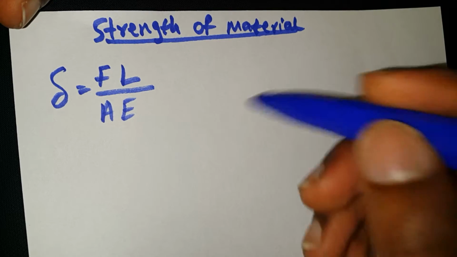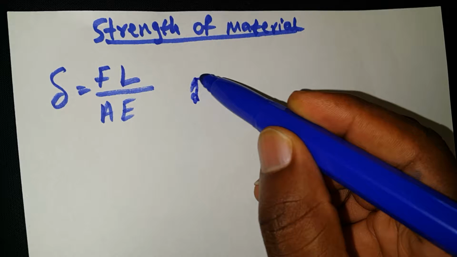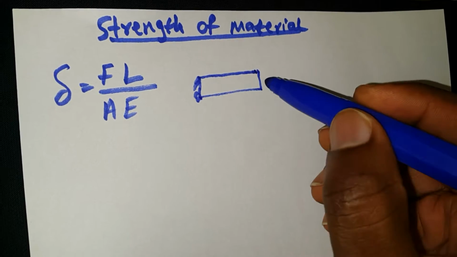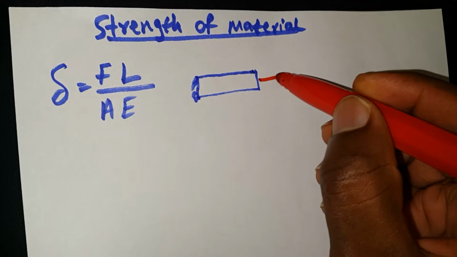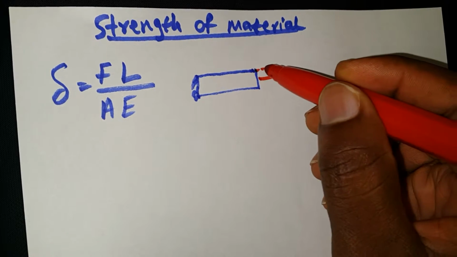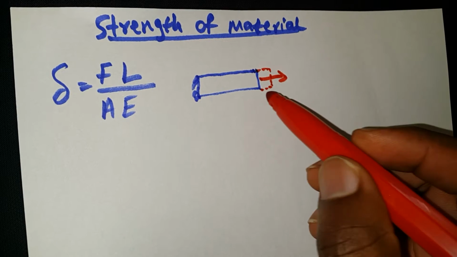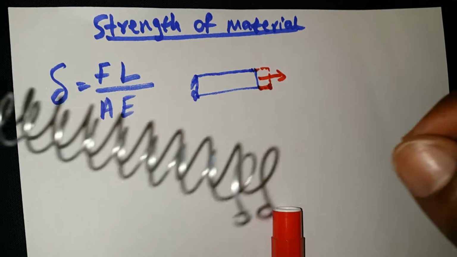So if this is a member and it's fixed, and you try to apply a force here, you will find out that this will elongate. It will add length.